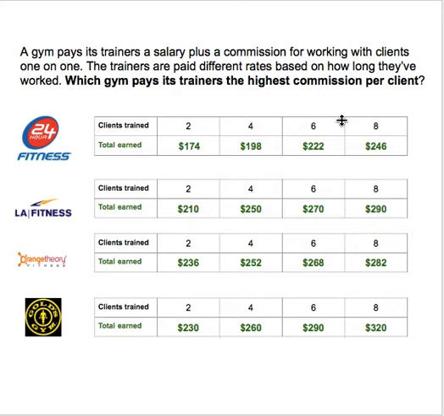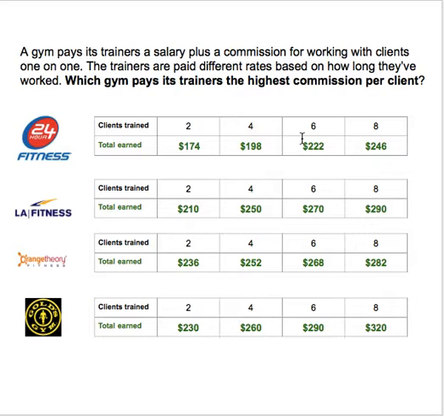So in this case, we could go and look at 24-hour fitness, and I'm actually going to do this as I write it. Okay. So 24-hour fitness. Let's take 2 values of X and Y. I'm going to compare 6 to 4. So I'm going to go $222 minus 198.